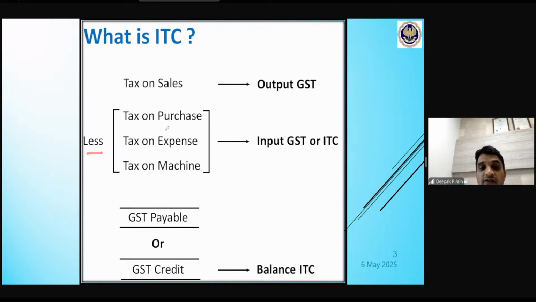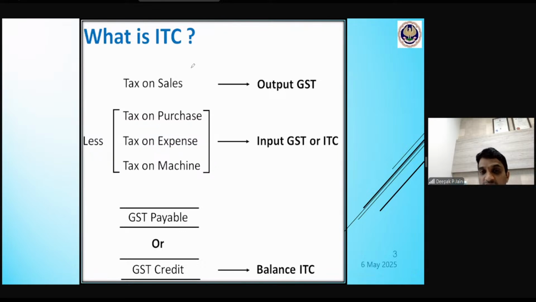Then, once you pay tax on your sales, you also have paid taxes on your purchases, taxes on your expenses, and taxes on your machinery, or any capital goods. Any purchases of raw materials which you do for your production or for your trading, all of that is credit available to you. So tax on purchases, then tax on expenses.